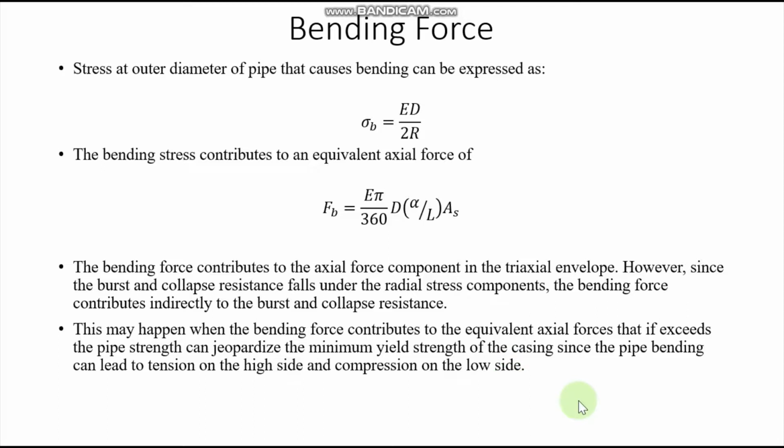So the bending force doesn't directly affect the minimum yield strength of the pipe. However, it affects the minimum yield strength by imposing an axial force component onto the pipe itself. So bending force has an indirect relationship with the burst and collapse resistance.